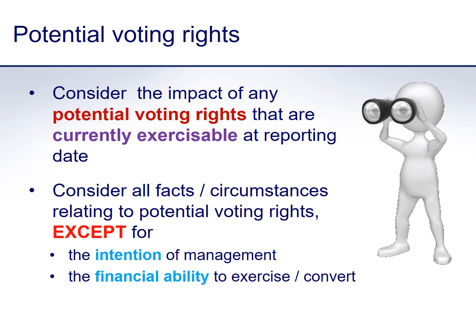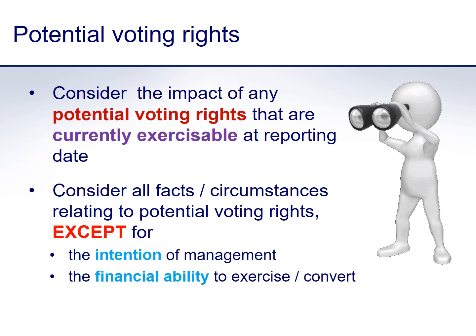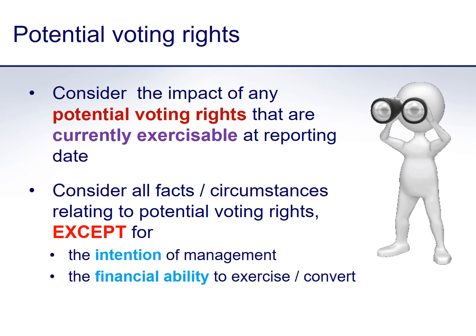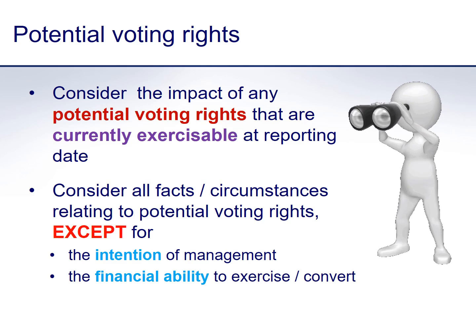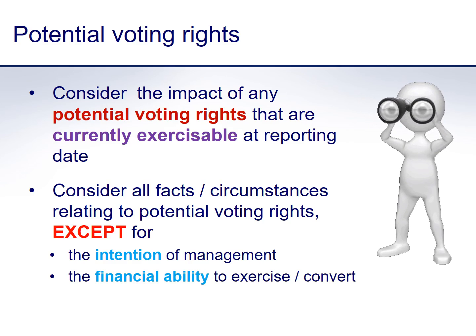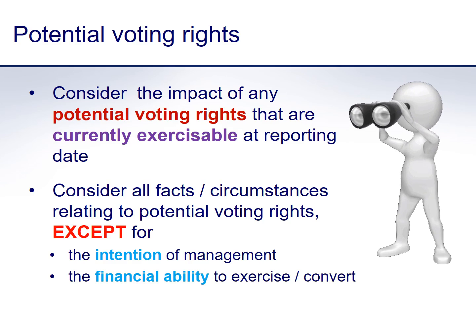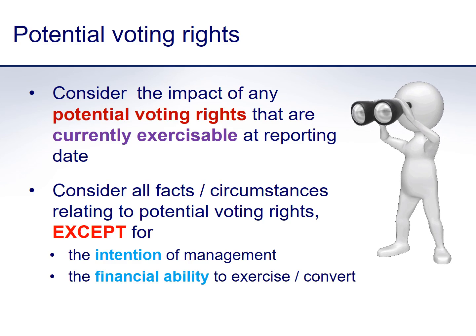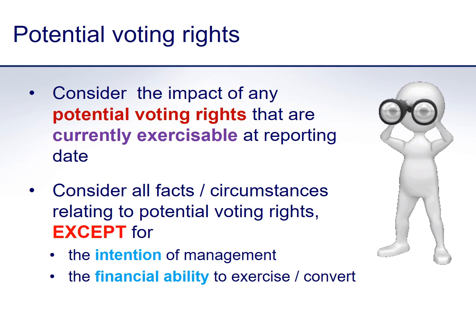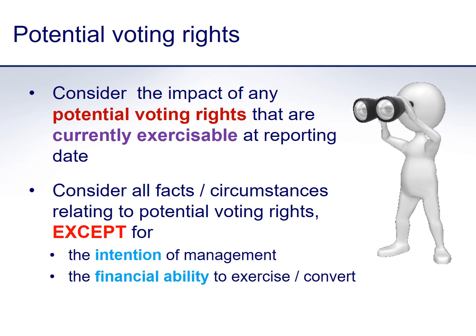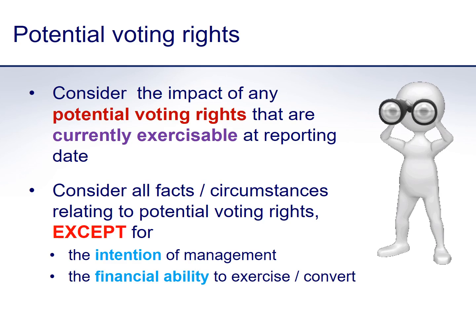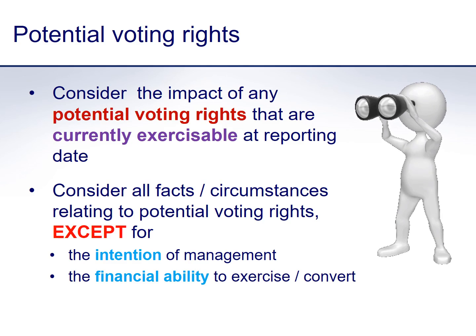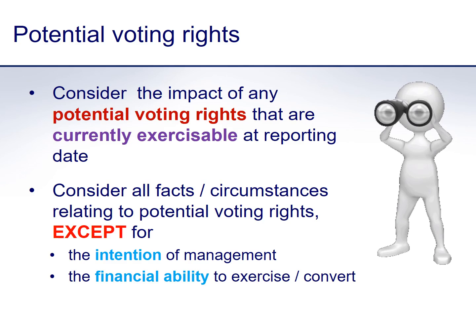Those are the only two aspects of the facts and circumstances that are disregarded for purposes of making the decision. And the standard basically takes this view to say, well, if the decision is important enough, if the entity would, if pressed in particular circumstances, exercise the option, and if the exercise of the option would give it enough voting rights that it would have power over the investee, then those potential voting rights would be converted into voting rights, and therefore one could end up with power.